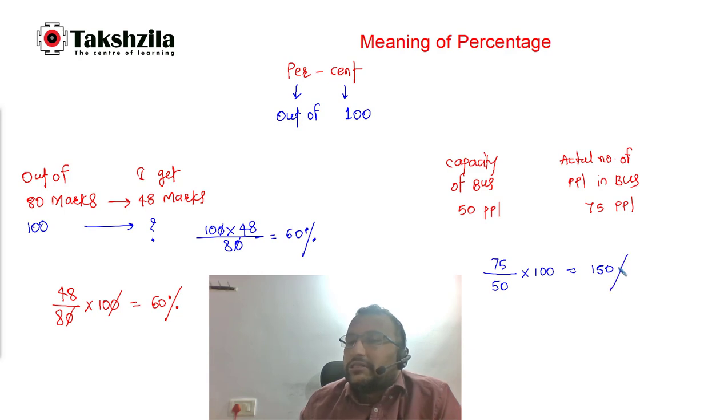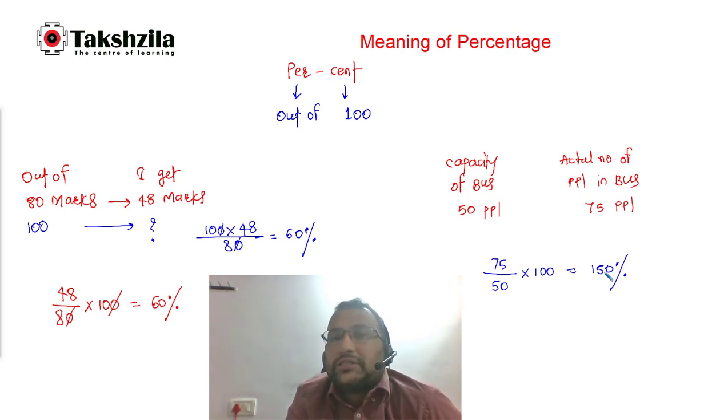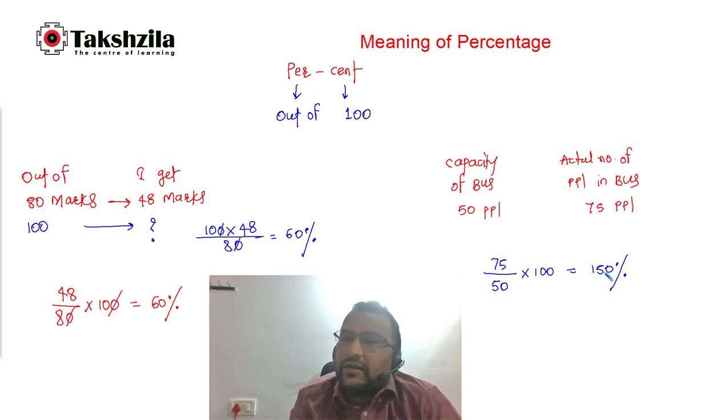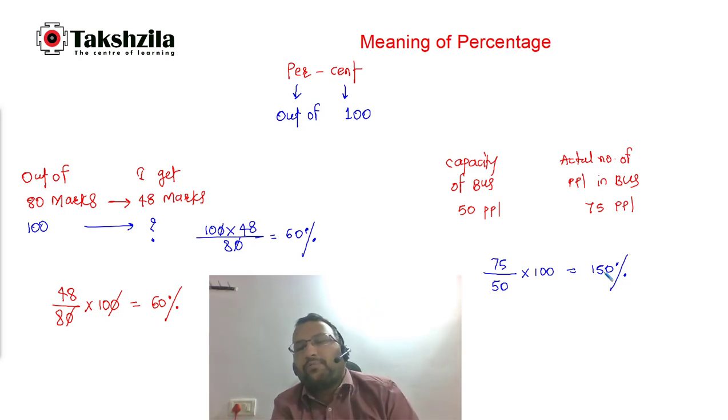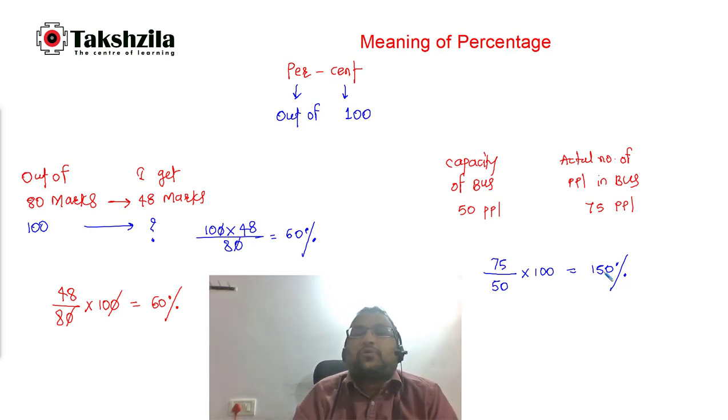It means the bus is running at 150% of its capacity. So this is how we can calculate percentages. The value of percentages can be less than 100%, it can be more than 100%, or it can also be equal to 100%.